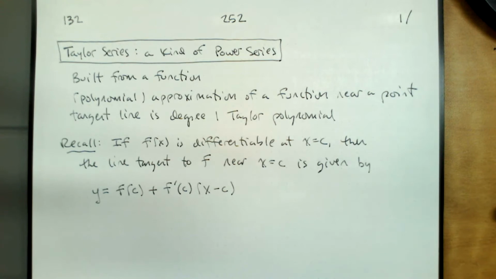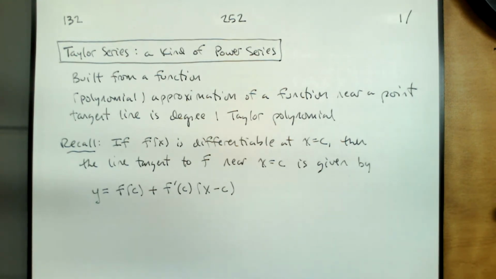And so we add f prime times 0, and y is equal to just f at c. That's the first thing that we want the tangent line to have. We want the tangent line to have the same value as the function. The other thing that we want the tangent line to have is the same first derivative of the function. If we take the derivative y prime, we get f prime at c.